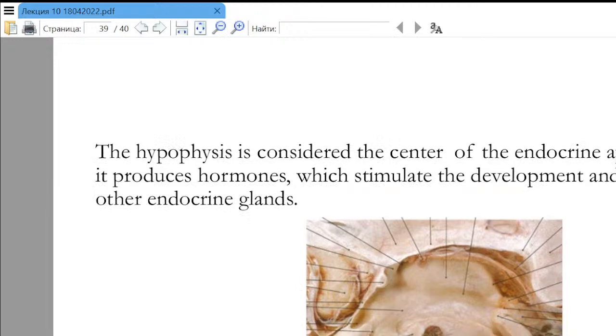The hypophysis is considered the center of the endocrine apparatus because it produces hormones which stimulate the development and function of other endocrine glands.